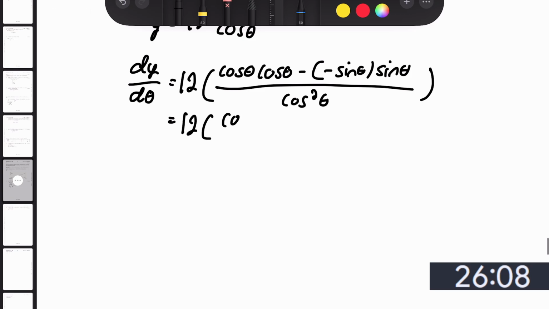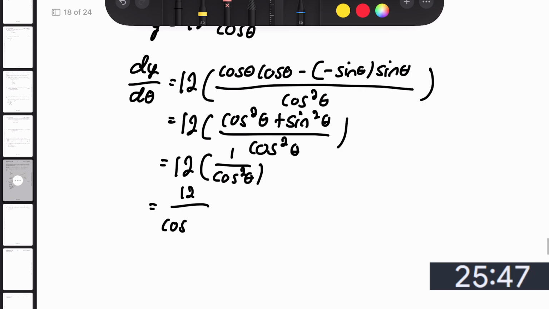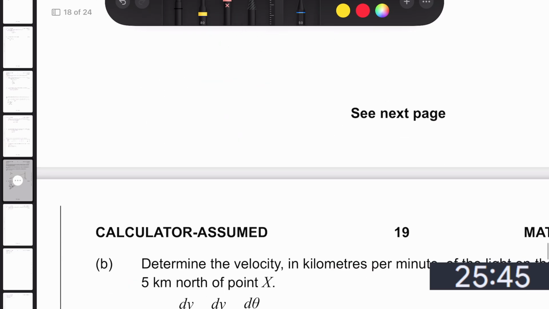So then that's 12 times cosine squared of theta plus sine squared of theta over cosine squared of theta, which is equal to 12 over cosine squared of theta. There you go, there's your mess.